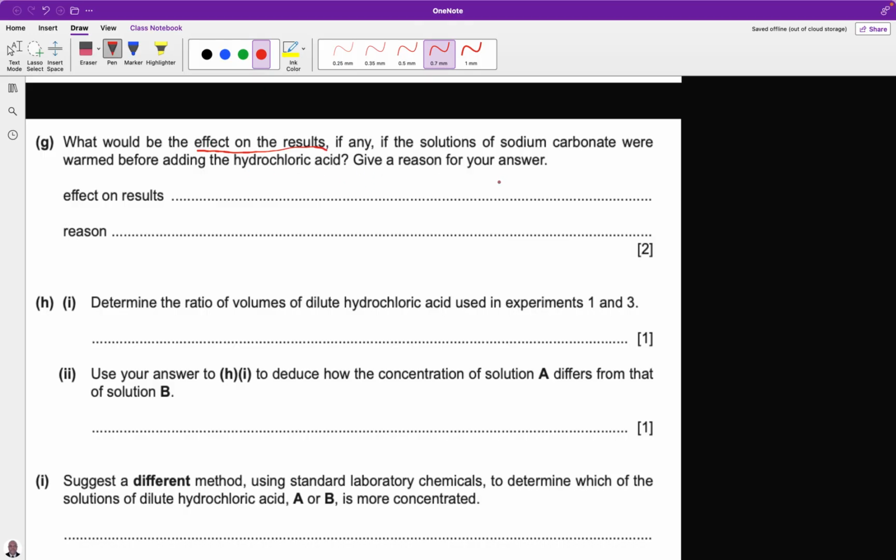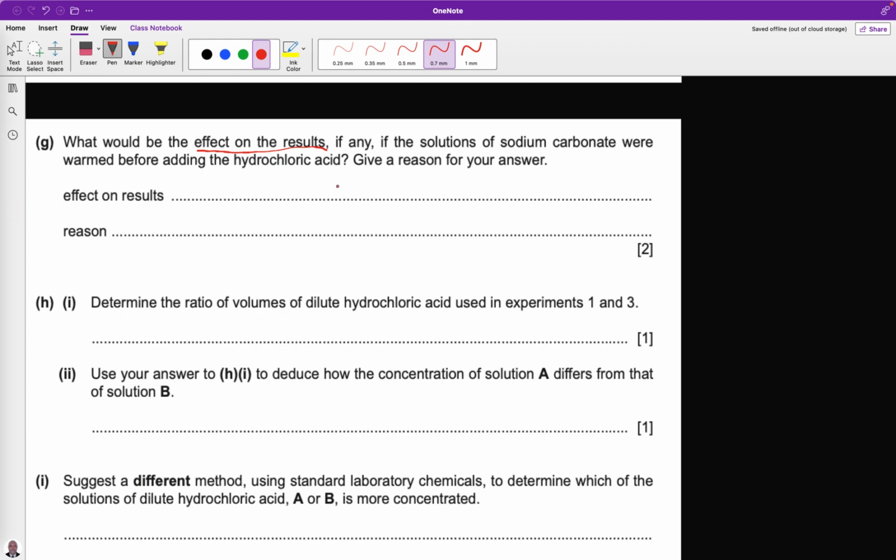Remember that the effect on the result is about the endpoint. How many moles of acid are reacting with the base? The result is to know the number of moles of acid and of the base.